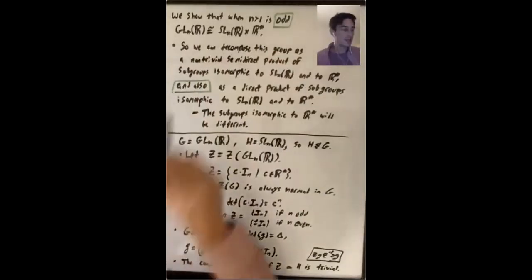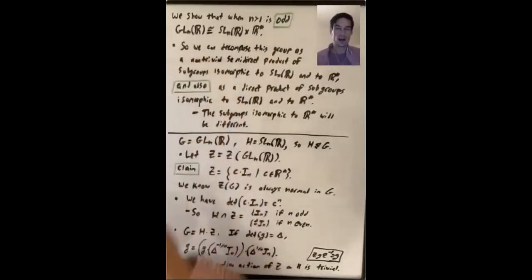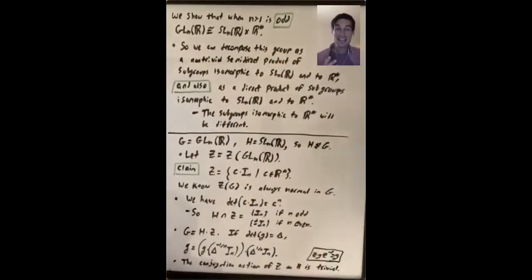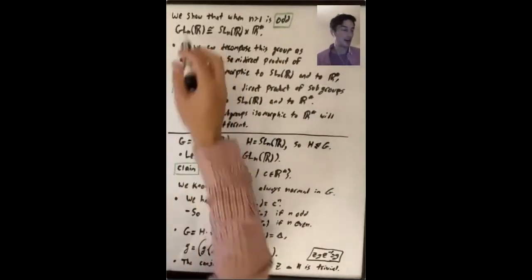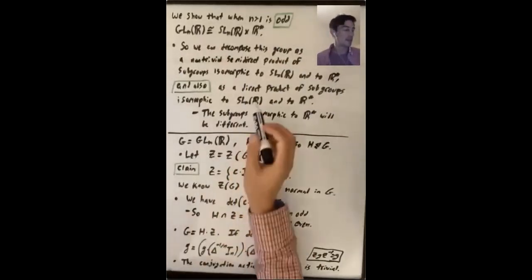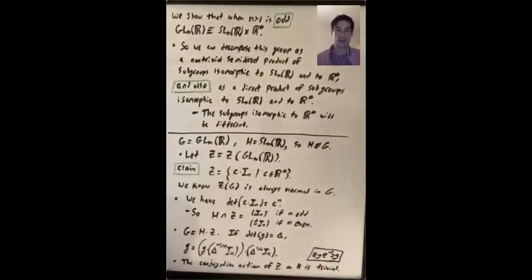We've seen that we can decompose GL_n(R) as a non-trivial semidirect product of subgroups isomorphic to SL_n(R) and to R star. And in this case that n greater than 1 is odd, we're also going to be able to decompose GL_n(R) as a direct product of subgroups isomorphic to SL_n(R) and to R star.